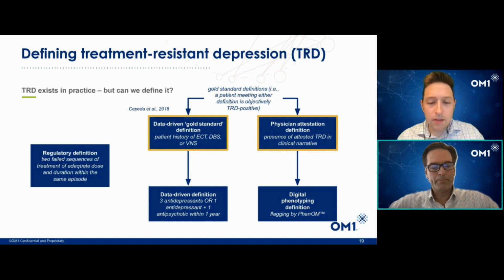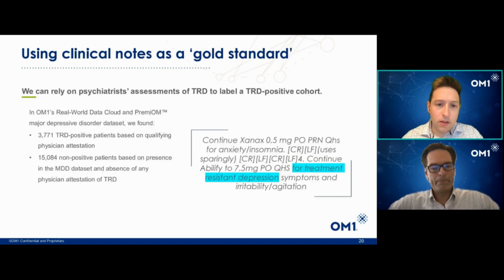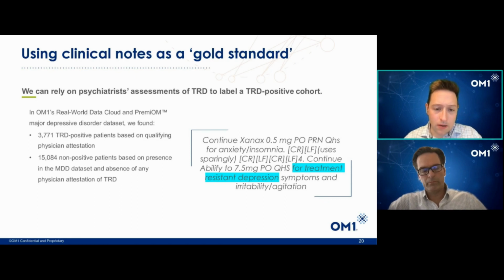That's right. Thank you for that intro, Carl. And just to quickly expand on this notion that Carl described of how we use this attestation-based way of thinking about TRD, one of the challenges, if we need to define a condition, is always saying, what do we believe is a good definition? Not just what can we write down, but what do we think is an actual, accurate reflection of what's happening in the clinical population.